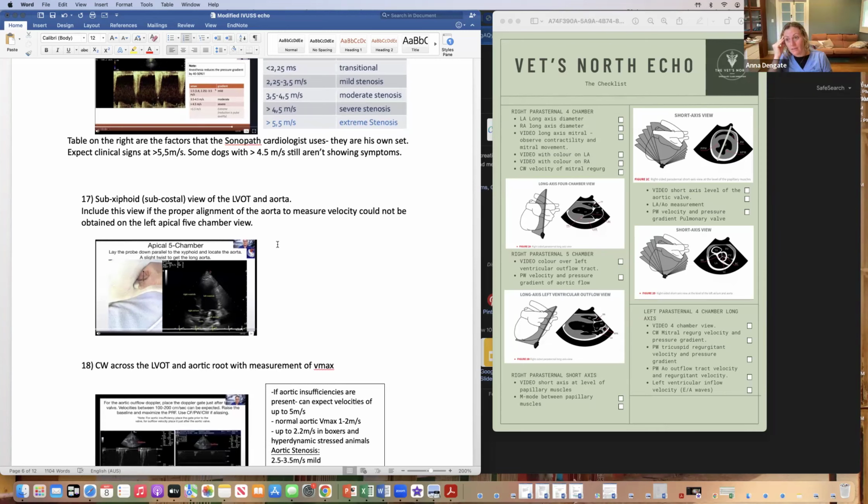So has everybody done this view? It's awful to do. You have to push so hard. When I'm doing abdomens, I sometimes see the heart. Yeah. You have to push so hard, but it is really nice to do because the aorta is lined up absolutely perfectly away from your probe, and there's no other view that we get that. So if you think about the difference between PW and CW, CW is going to be measuring all the flow along the line from the tip of your probe right down to the depth of your screen.